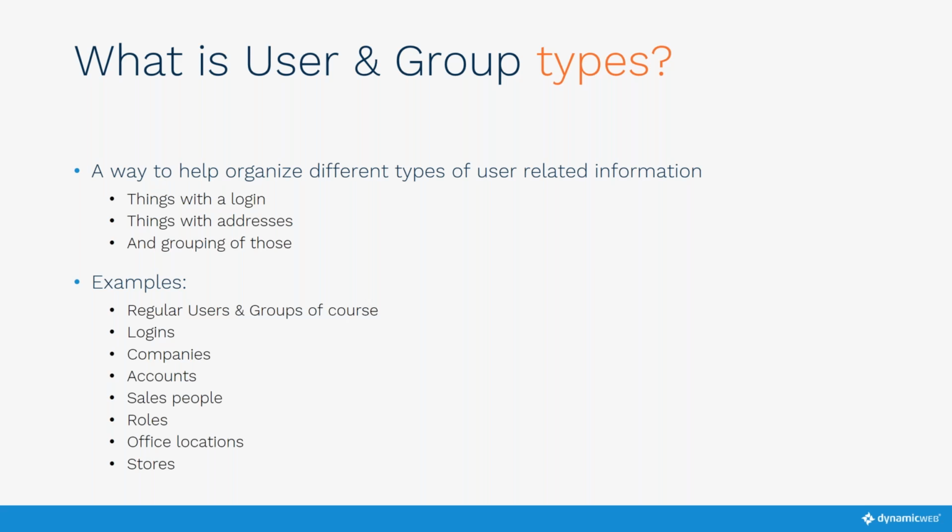And the things that we have in the user management system are everything that can log in, of course, or regular users with a username and password. Then we have things with addresses.